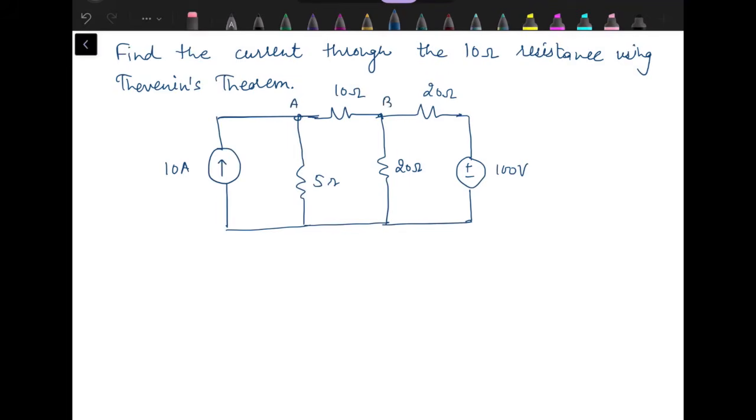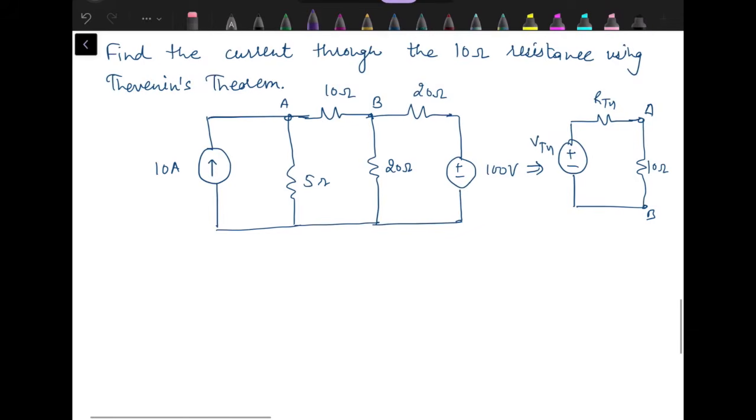Let's say this is terminal A and this one is B. We have to replace this by Thevenin equivalent VTH in series with RTH. Then between A and B, we have to connect the load resistance, that is 10 ohm. So we need to calculate VTH as well as RTH.